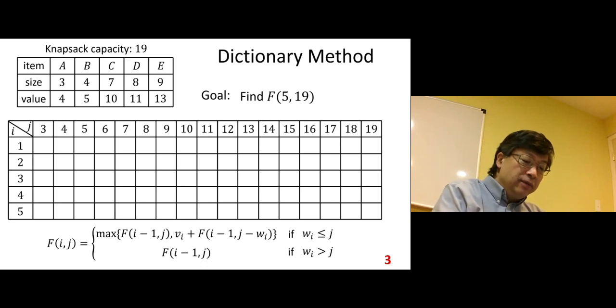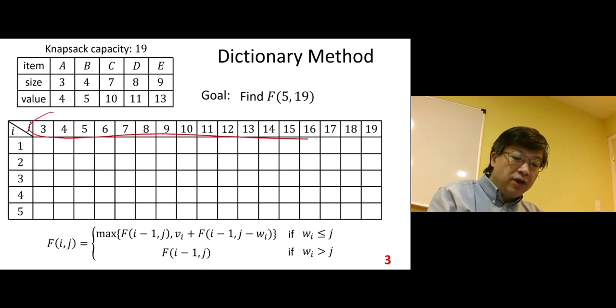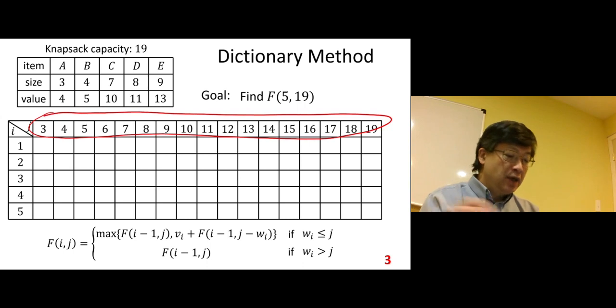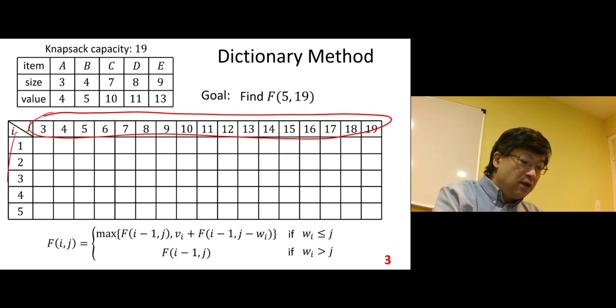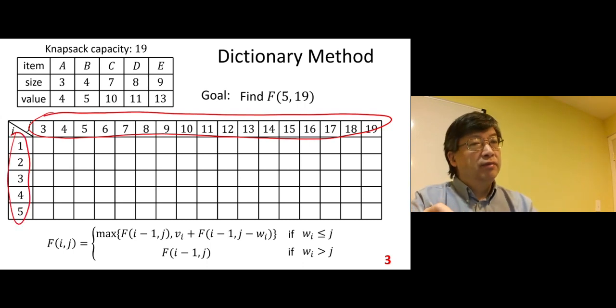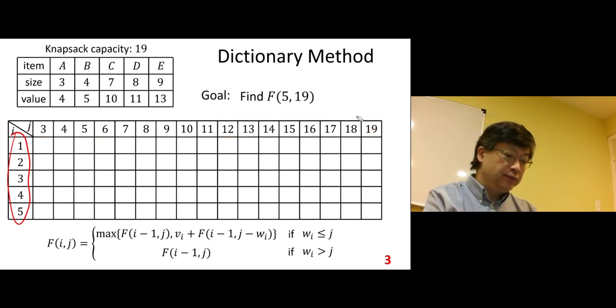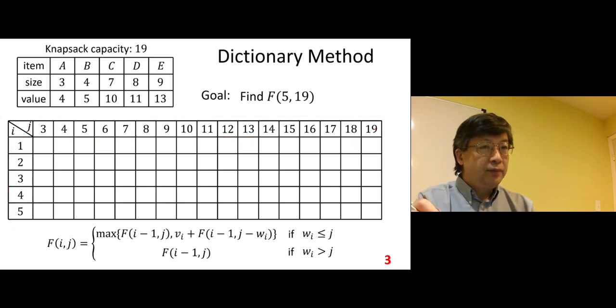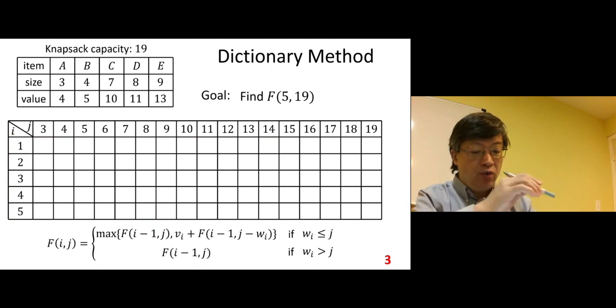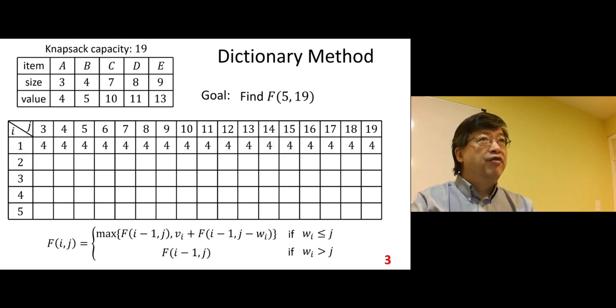The top row, the capacity numbers. This column, the item numbers. All right. So let's work row by row.